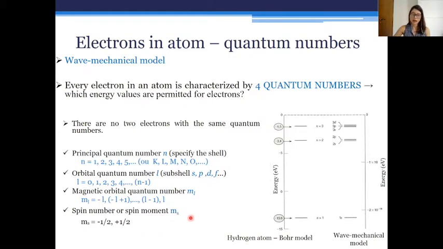It is written ms, and it can take only 2 values, plus 1/2 and minus 1/2, and it represents the orientation of the spin of the electron. So the spin of the electron can be oriented up, plus 1/2, or down, minus 1/2. So it is the direction of the spin.